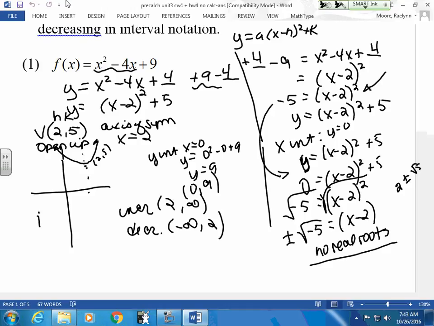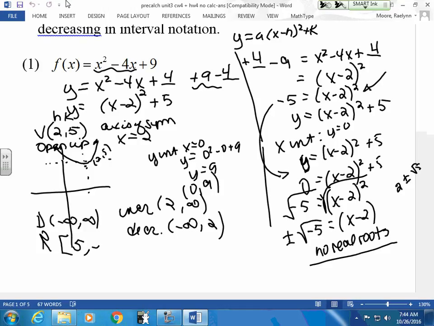What's my domain for this guy? For this parabola? All real numbers. So shouldn't my increasing, decreasing cover my whole domain, right? Which it does. What's my range? Five to infinity. It doesn't start till here. There's nothing under here. So be careful.